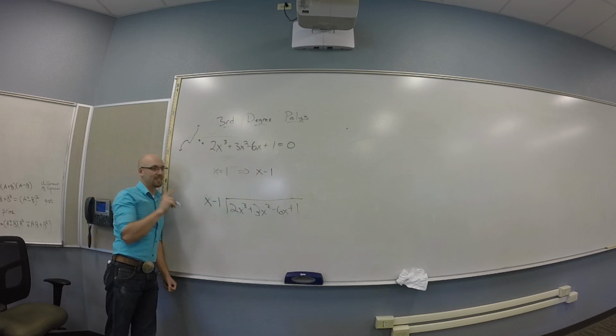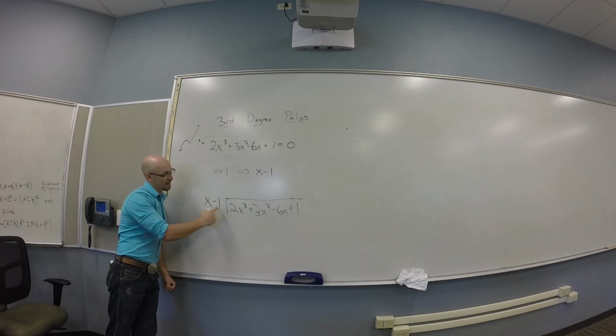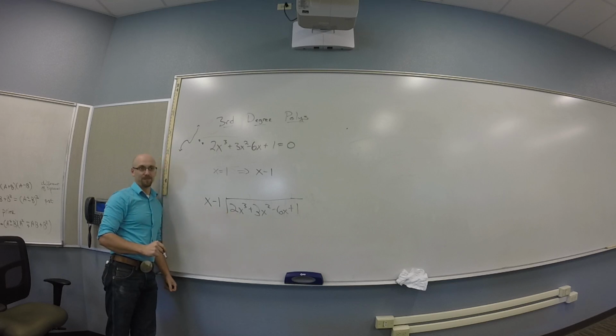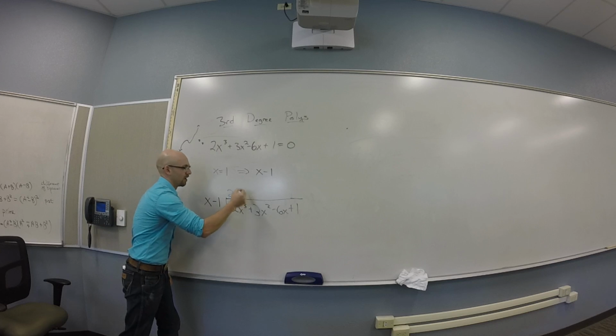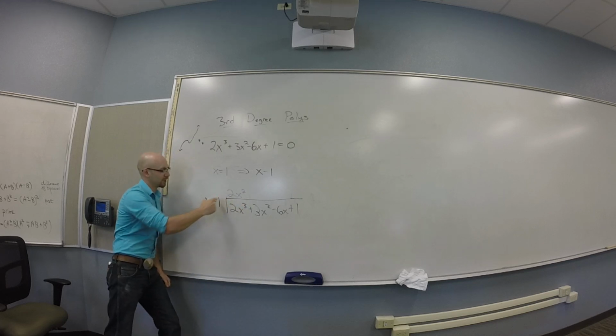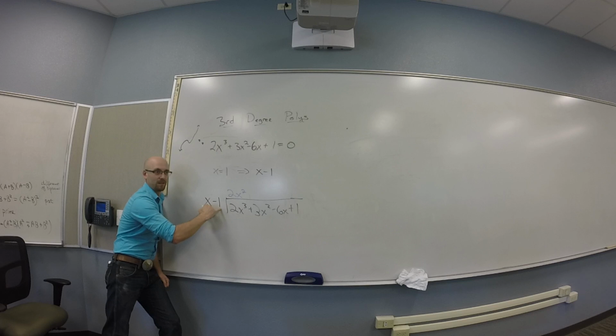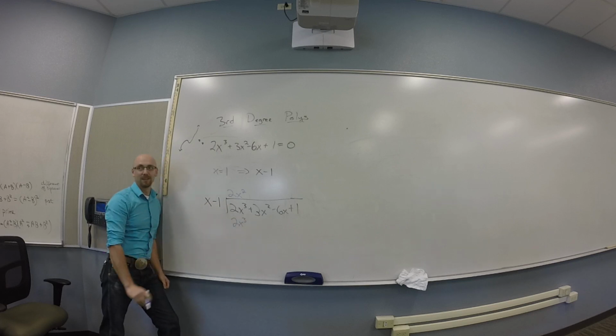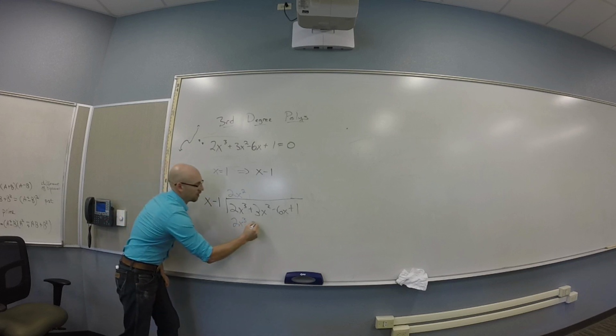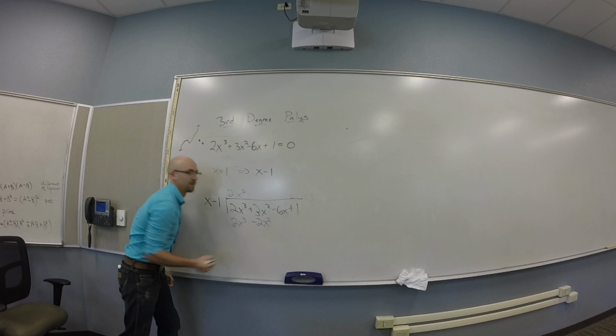So what you do is you ask, what do I multiply by x to get 2x cubed? 2x squared. So you write a 2x squared up here, and then you multiply this back by this thing. So you get a 2x cubed, right, by design, and a minus 2x squared, right?